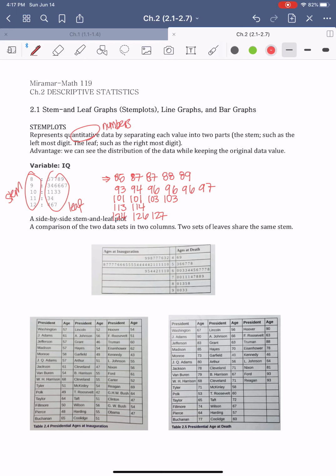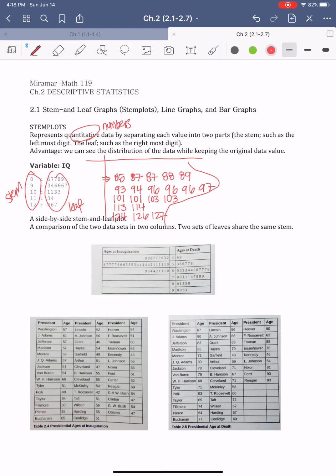But you can see there's a peak going high and then it goes down, if you're trying to graph it, right? So you can see that most of the data are on the left-hand side, and then the data is more spread out. So you see the distribution, but also the original data values. You can actually see that there's an IQ score of 85, 87, 88, 89. So this is nice.